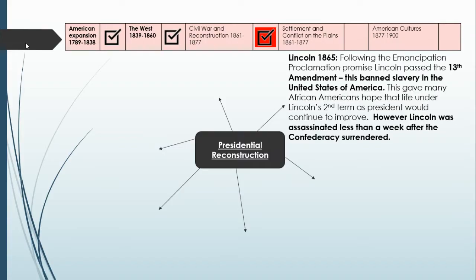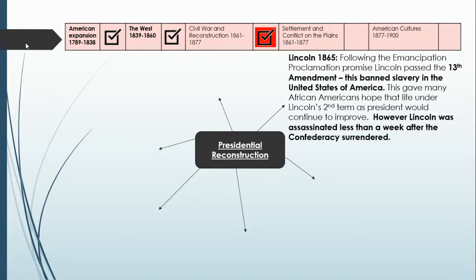Okay, so the first part of Reconstruction is known as presidential Reconstruction. Lincoln passed the Emancipation Proclamation in 1863, and in 1865 Lincoln passes the 13th Amendment. Now, amendment means change. So if you amend your work, you make a change to it. The amendment in this sense is an amendment to the Constitution.